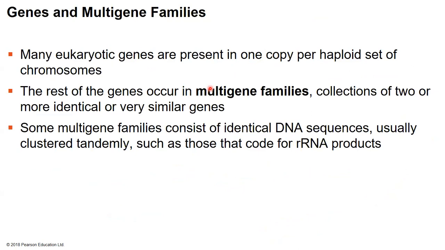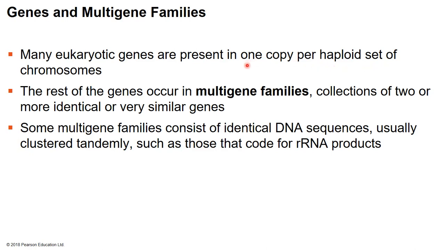We have also what we call multi-gene families. Here, some eukaryotic genes might be present in our genome in more than one copy. So most of our genes are present in one copy per haploid set.